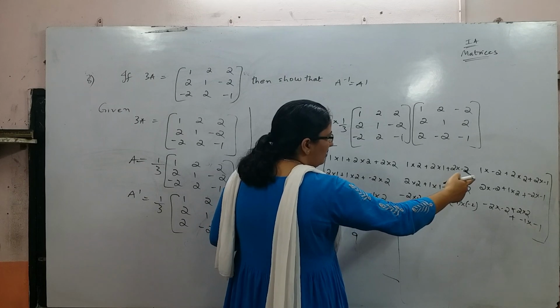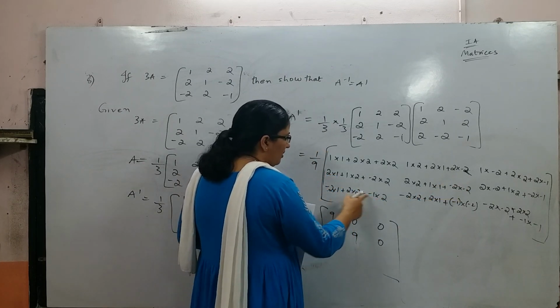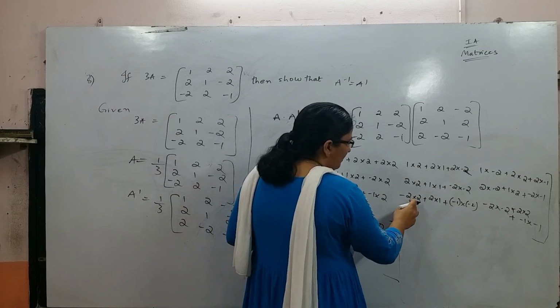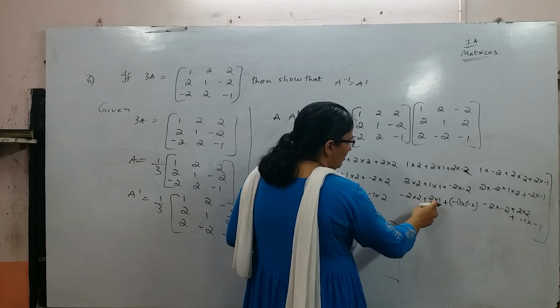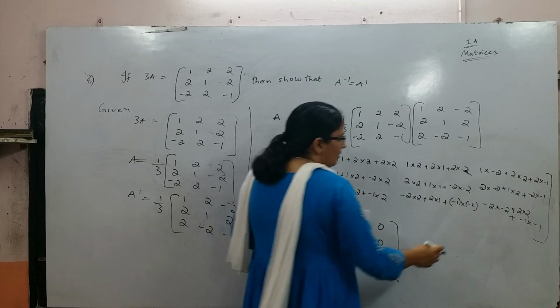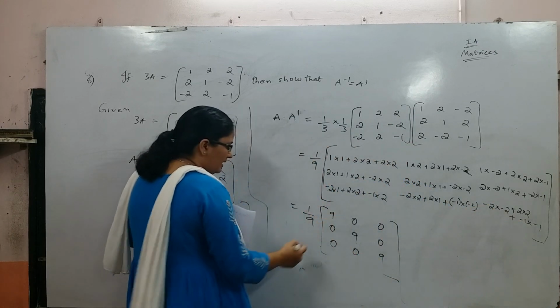Minus 4 2 2, 0. Minus 2 4 minus 2, 0. Minus 4 2 2, 0. 4 4 1, 9.